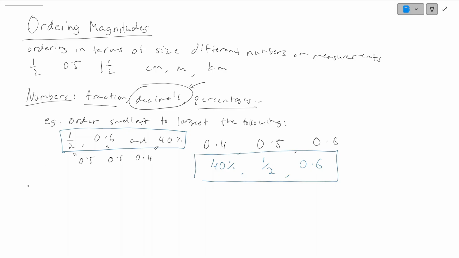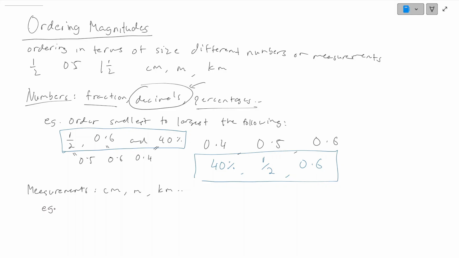The next part is when you're given measurements. So in centimeters, in meters, in kilometers, and so on. And the idea of this is similar to the previous one, where you want to change all of them into a common form. Usually we change it to the smallest measurement that we are given.